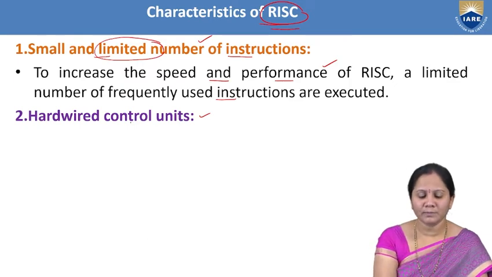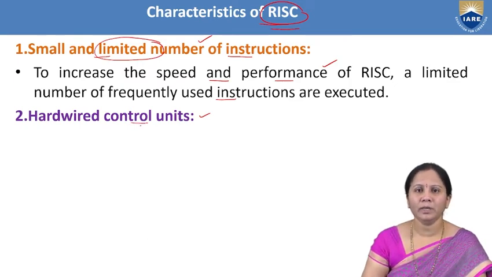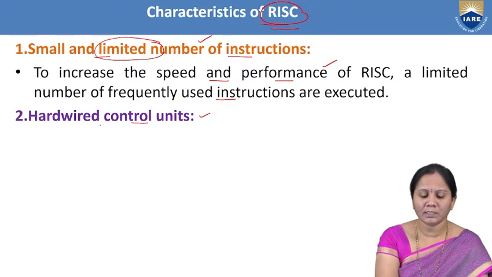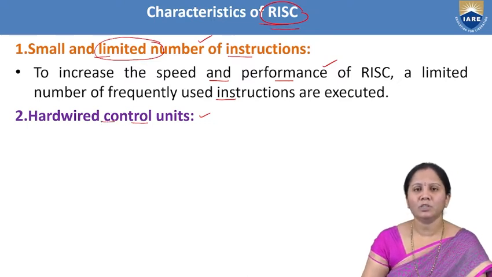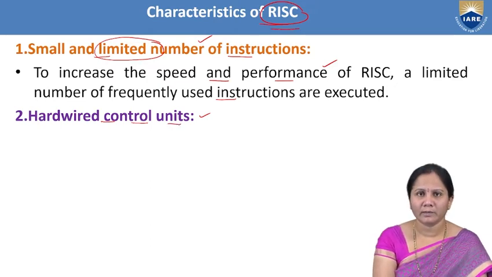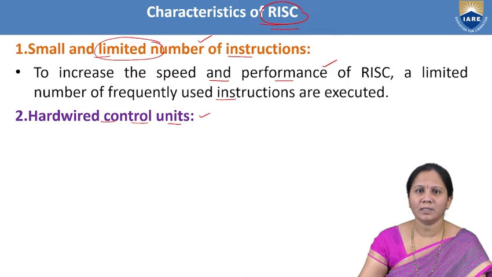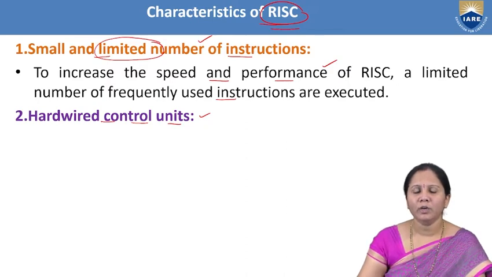The entire operation, like producing the control signals, is done by the hardwired control unit, because the logic circuitry and instructions are all present inside it. So it is the main control unit for accessing the program and data.